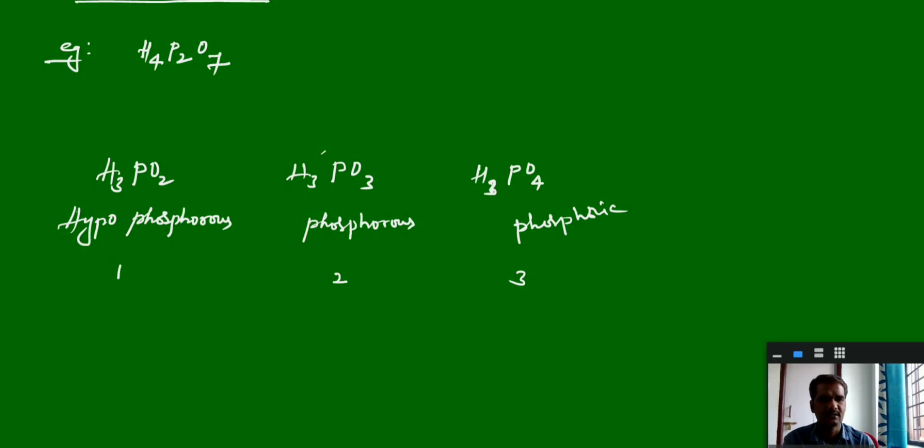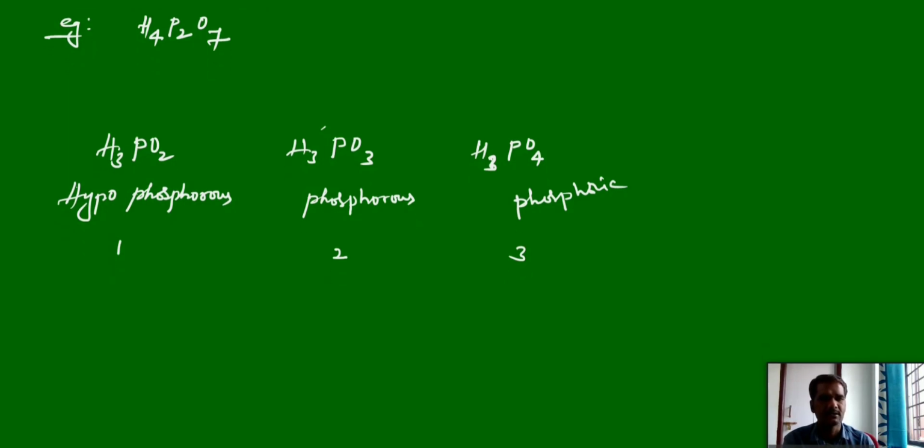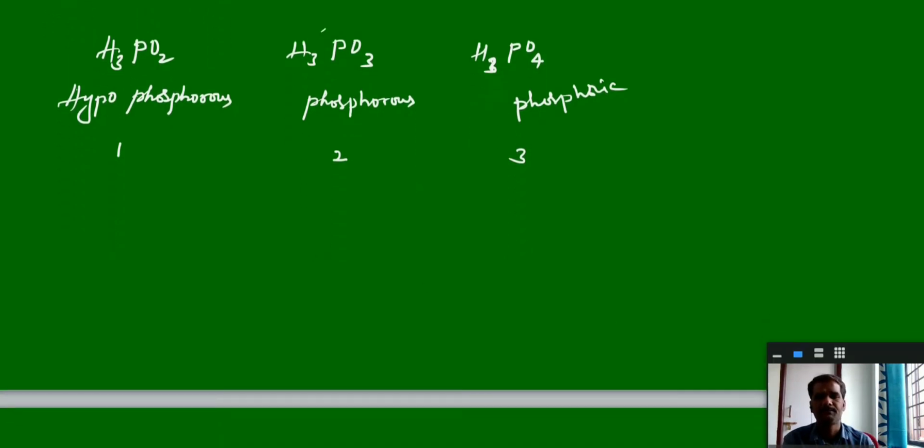Then why is it so? That we can explain based on their structures. In case of H3PO2, even though it has 3 hydrogens, the structure we can see like this, and out of these 3 hydrogens, 2 of the hydrogens are directly linked to the phosphorus and 1 of the hydrogen directly linked to the oxygen.